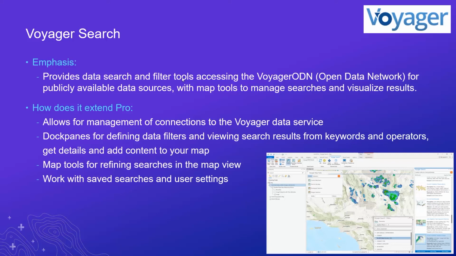The team has defined a series of doc panes for defining data filters and viewing the search results based on keywords and operators. And you can get details and add that content to your map directly from the custom doc panes. They also have a series of map tools for defining searches in the map view. And you can work with saved searches and different user settings.